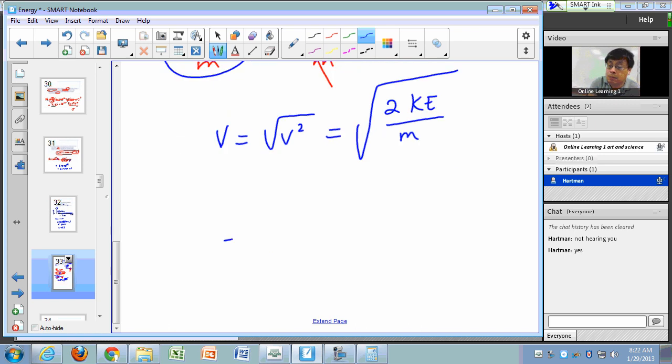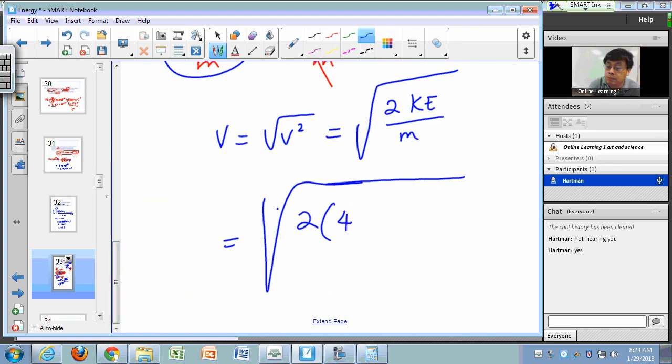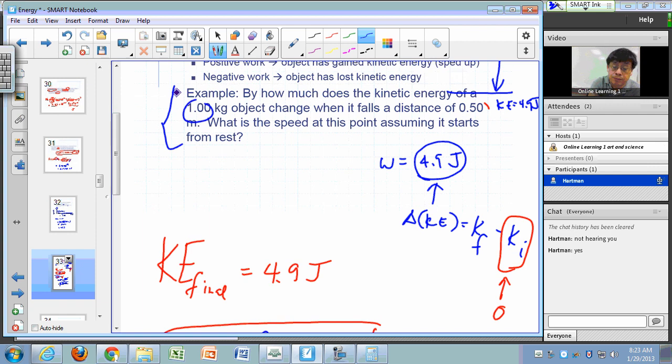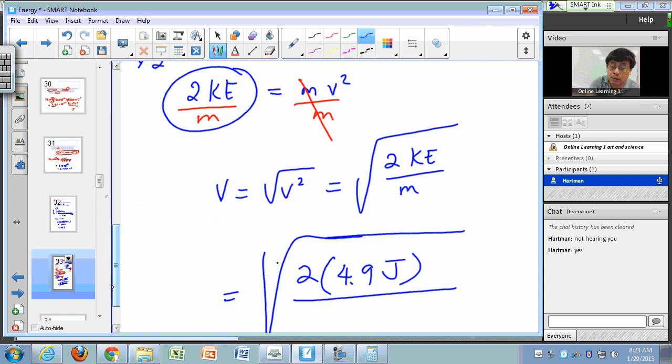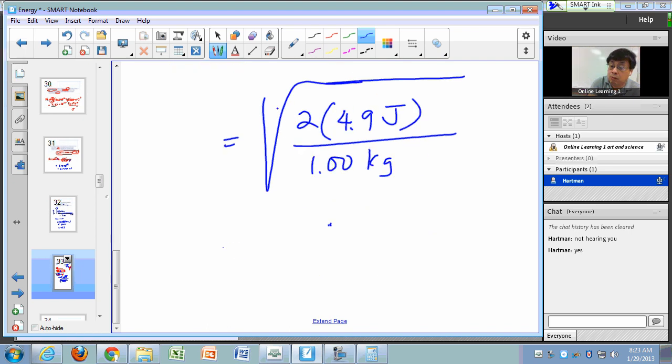So what's our speed? The square root of 2 times, what was our kinetic energy again? 4.9 joules, divided by our mass, which was a 1 kilogram object. All right, so 1.00 kilograms. And so what's the square root of 2 times 4.9?